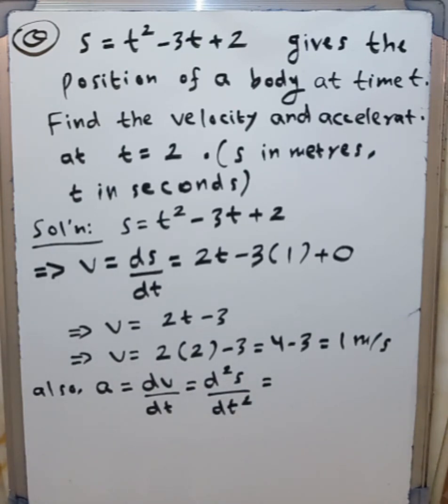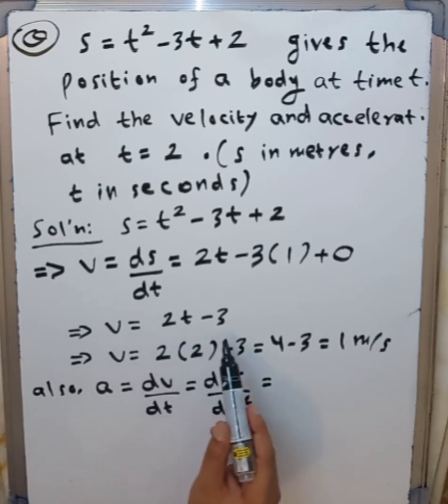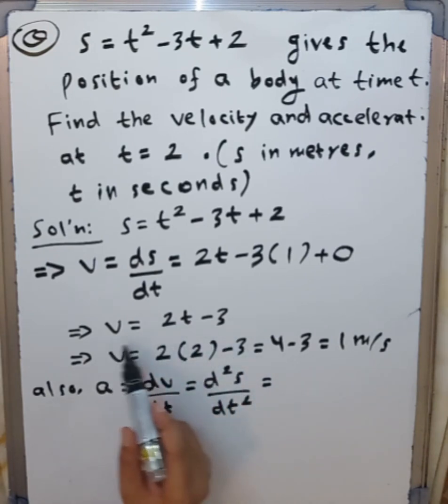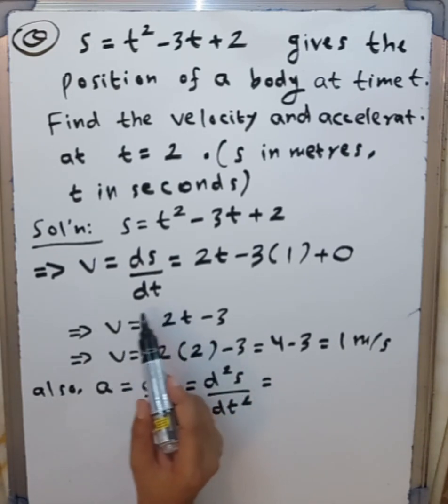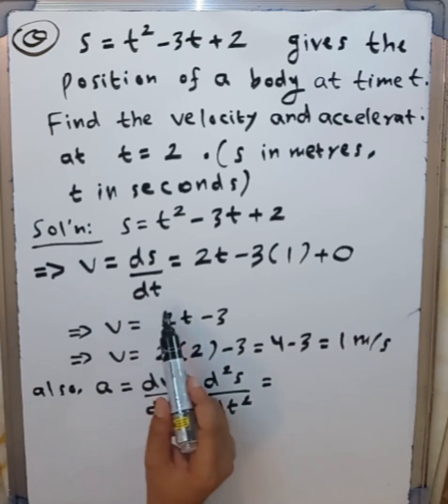So we have to differentiate the velocity with respect to time, or we can say that we have to find the second derivative of s with respect to time. In the first part of the question we have already calculated v, or we can say that we have already differentiated s with respect to t.